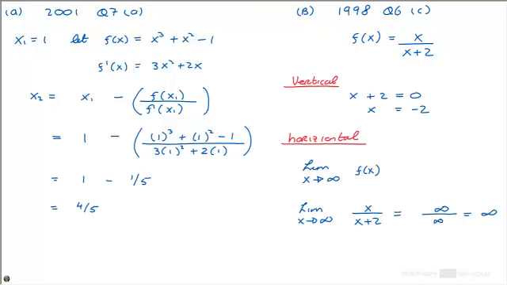So in order to get around that, we divide across by the highest power of x. In this instance, the highest power of x is x, so we're going to divide each term by x, and then we'll get our limit. So we're going to need a new page for this.